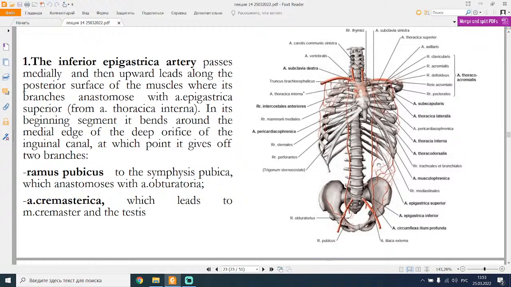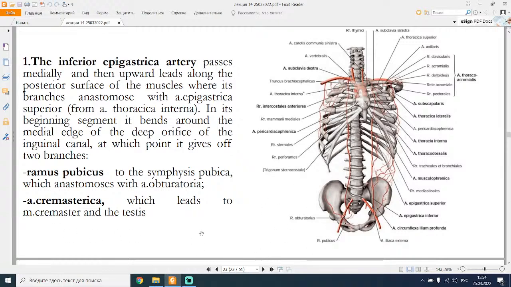In its beginning segment, it bends around the medial edge of the deep inguinal ring, at which point it gives off two branches: the ramus pubicus to the symphysis pubica, which anastomoses with arteria obturatoria, and the arteria cremasterica, which leads to musculus cremaster and the testes in men.